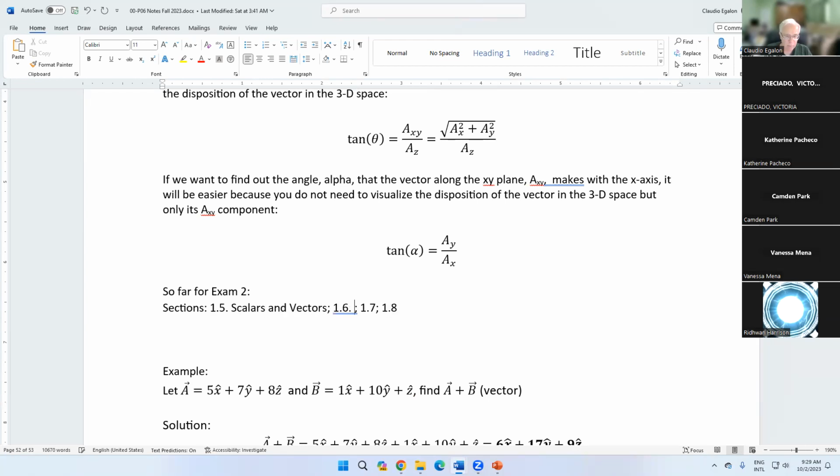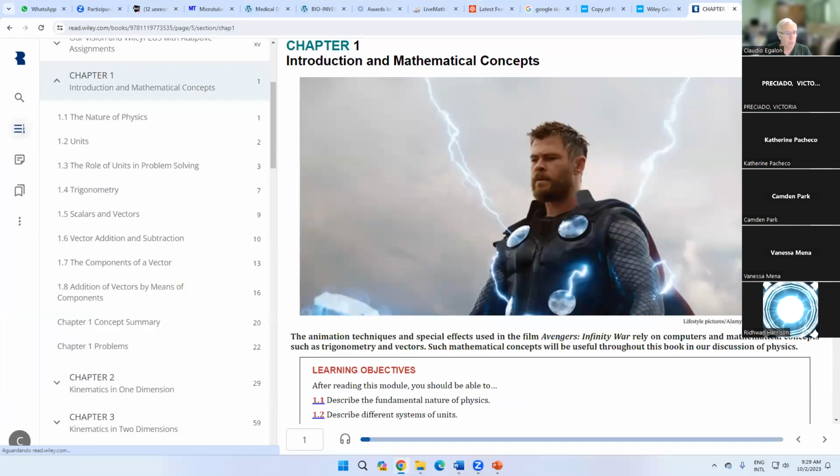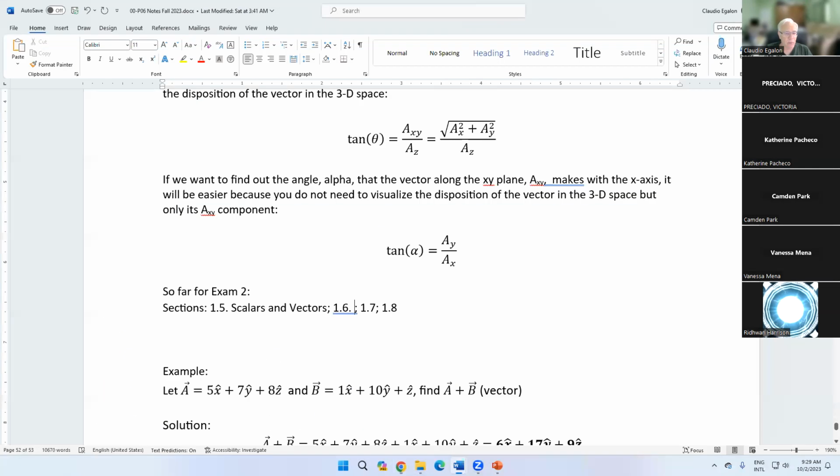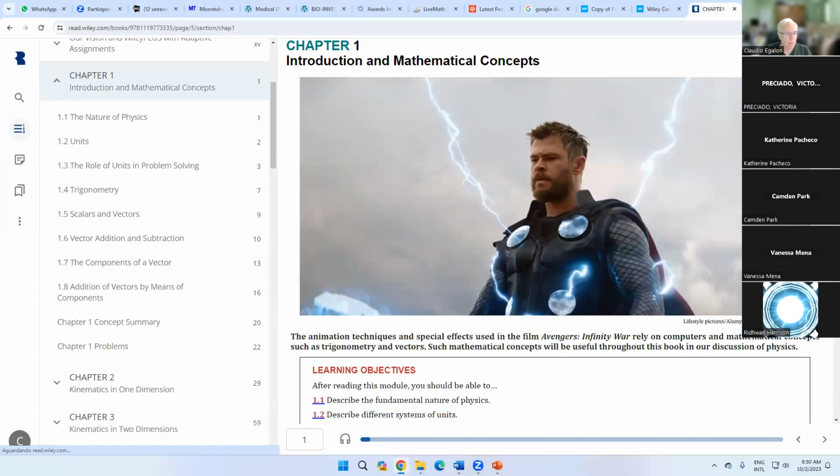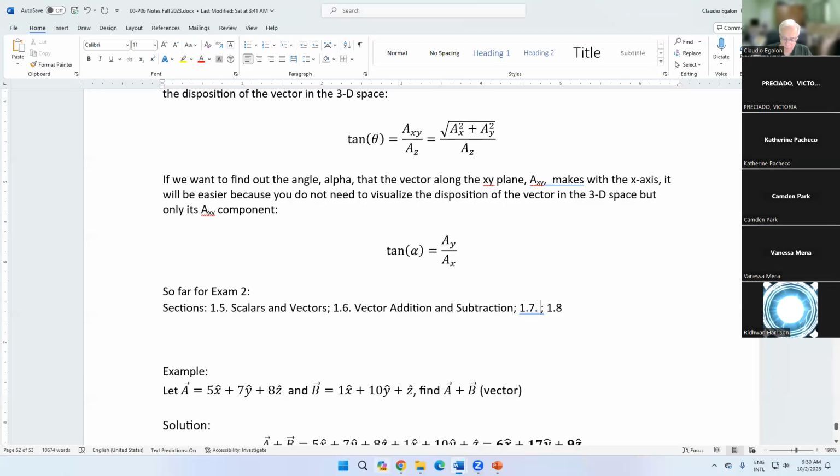1.6, vector addition, subtraction. 1.7, components of a vector.